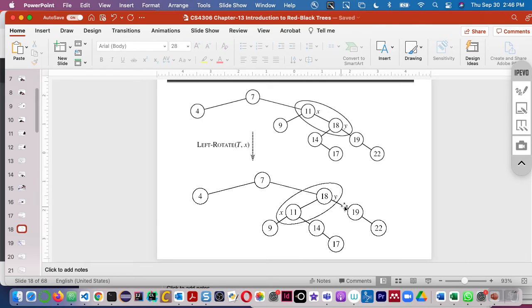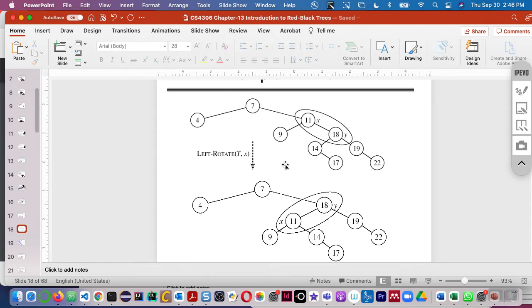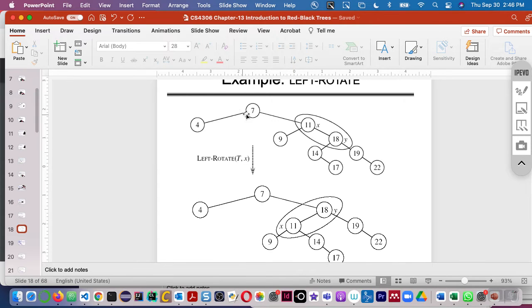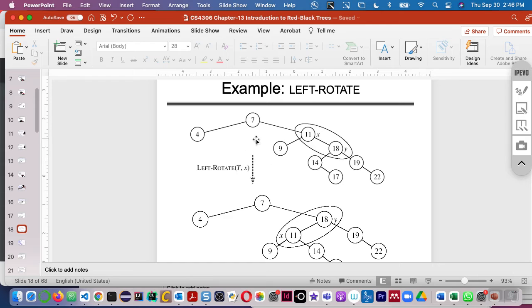Here these rotations are not only node with branch. For example, left rotate: you want to rotate through x and y, these two nodes. Why do we need this kind of rotation? We need it to maintain the color properties of the red-black tree that we are going to encounter soon.